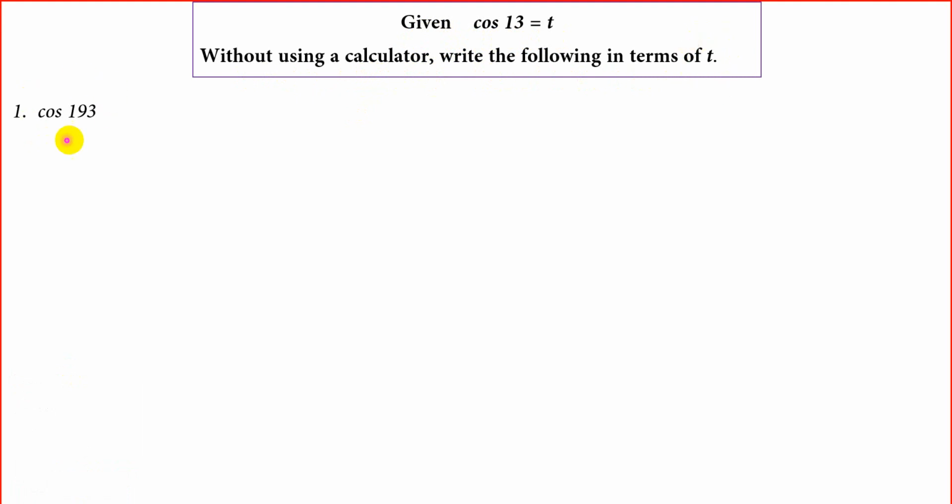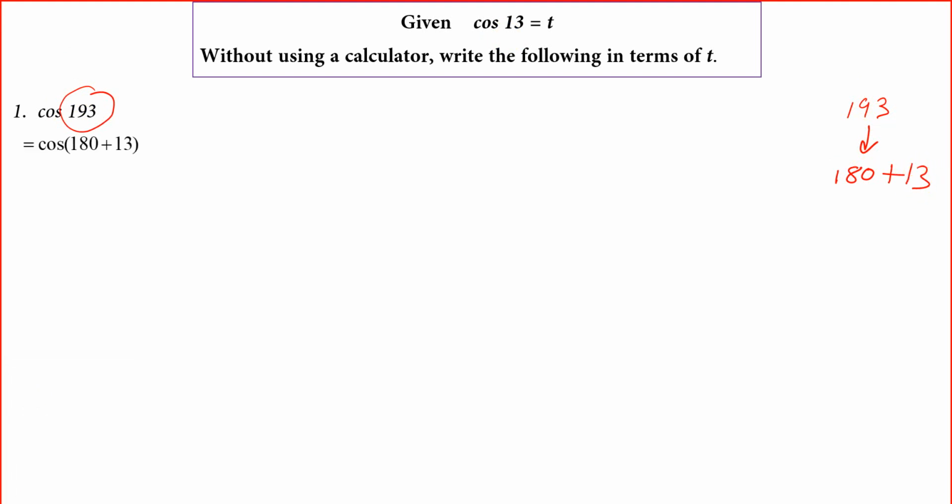So first question is, what is cos 193? What we actually want to do here is rewrite this 193 using a reduction formula. Since 193 is in the third quadrant, 180 plus theta, in this case we're going to use 13.